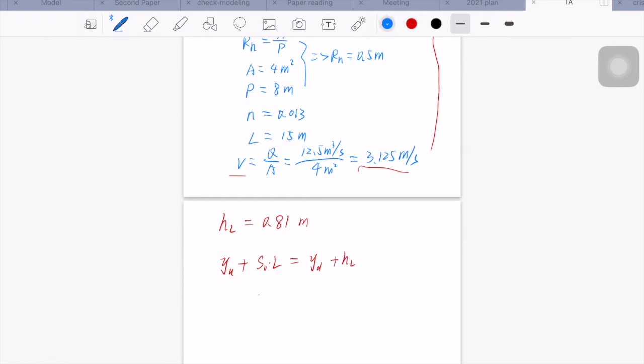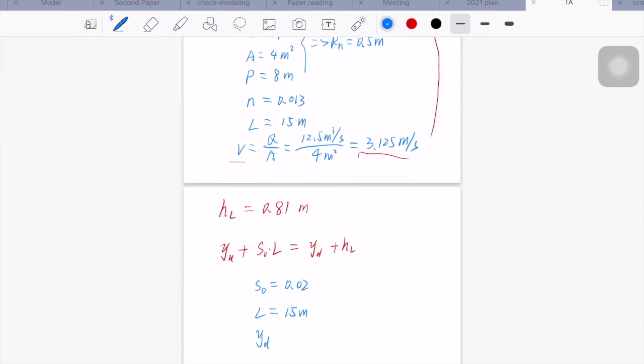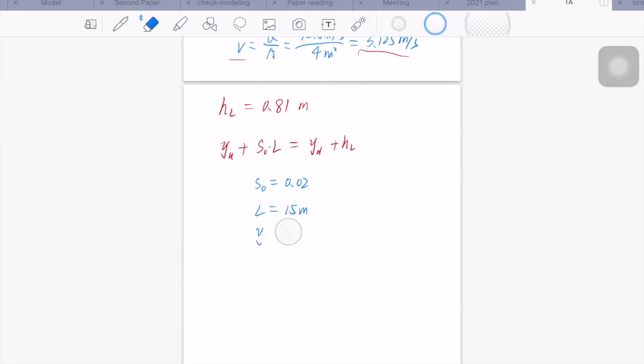Since we know S0 equals 0.02 and the length equals 50 meters, and Yd, we know Yd equals 2.75 meters.